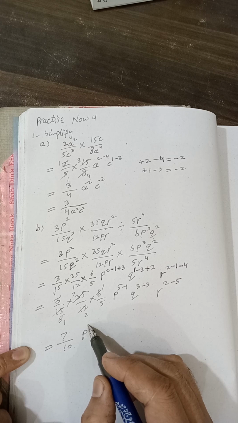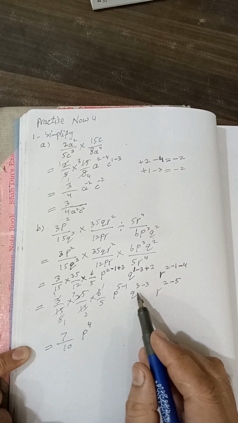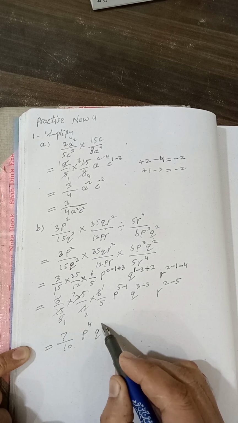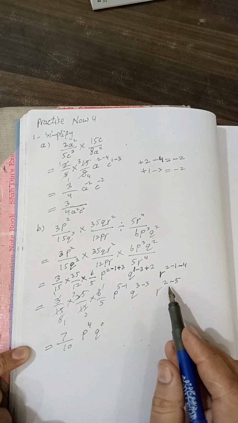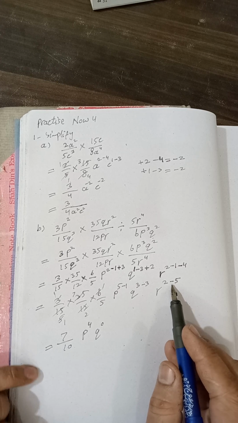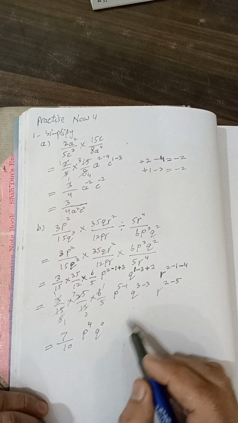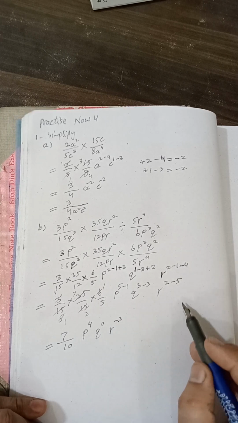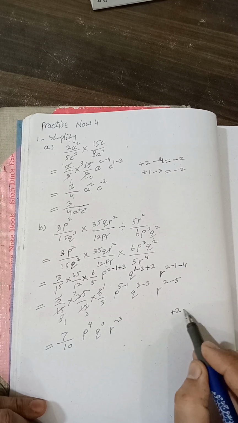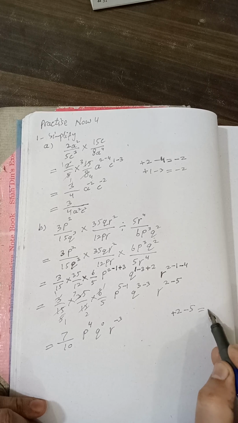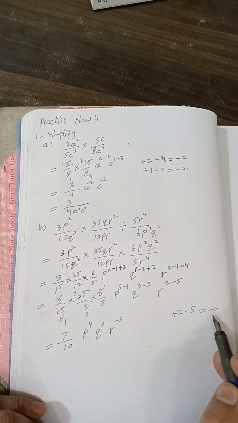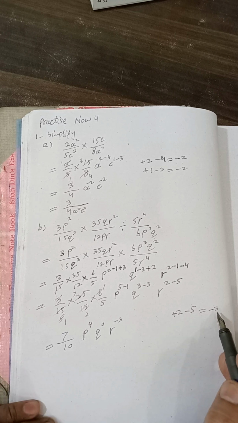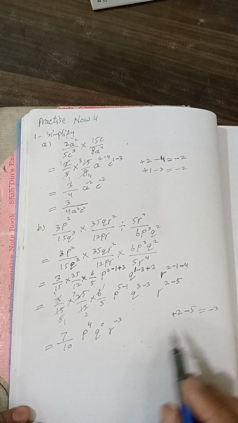And from here you can subtract 1 from 5. The answer is 4, p power 4. And if you subtract 3 minus 3, the answer is 0, q's power is 0. And if you subtract minus 5 from 2, the answer is minus 3, because of opposite signs, plus 2 and minus 5, the answer is minus 3 because of the bigger sign of minus, and I have subtracted due to the different signs.